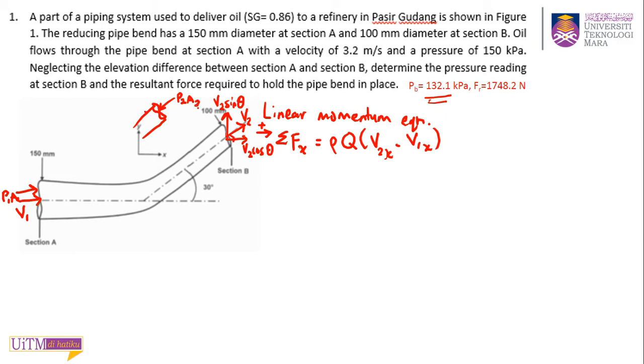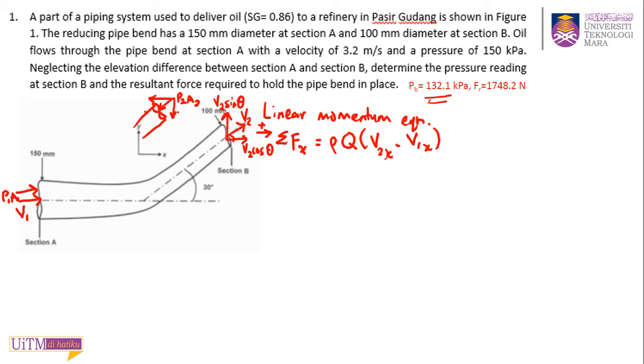This is actually zero, because P2A2 is zero since it is released to the atmosphere, but just to label your components. This one is going down, this one is going to the left. Can you understand this?